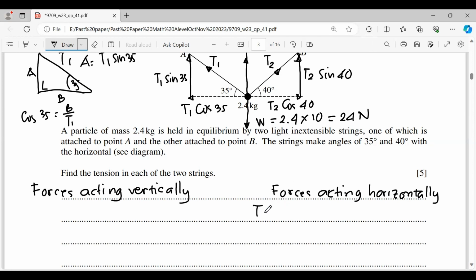So we can state that T1 cosine 35 equals T2 cosine 40.